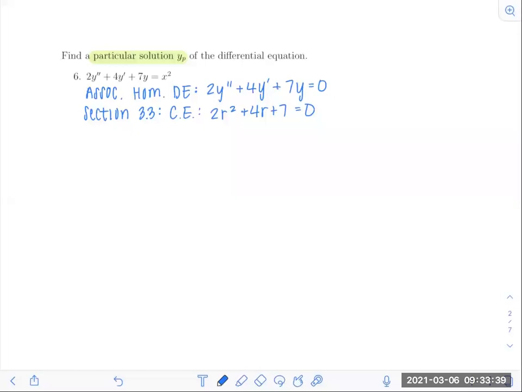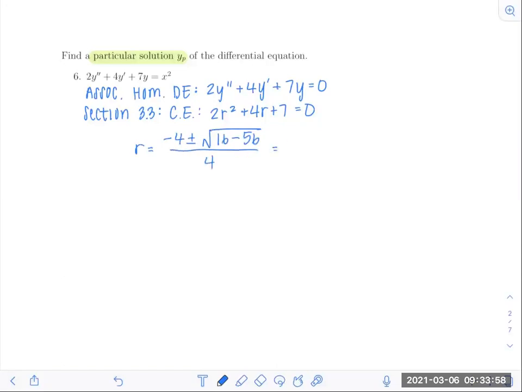This quadratic doesn't appear to be factorable by hand, so I'm going to just dump it into the quadratic formula. Negative b plus or minus the radical of b squared minus 4ac, which is going to be 56, all over 2a.